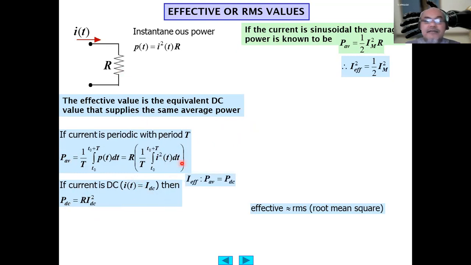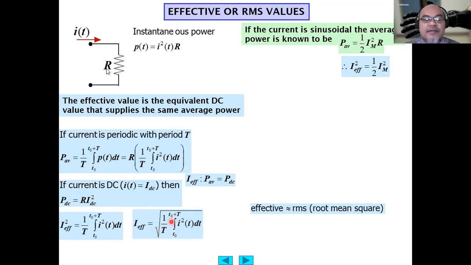So then the effective current will be when the average power equals the DC power. So the effective current will be equal to the square root of 1 over T integral from T0 until T0 plus T of i squared(t) dt, multiplied by R.